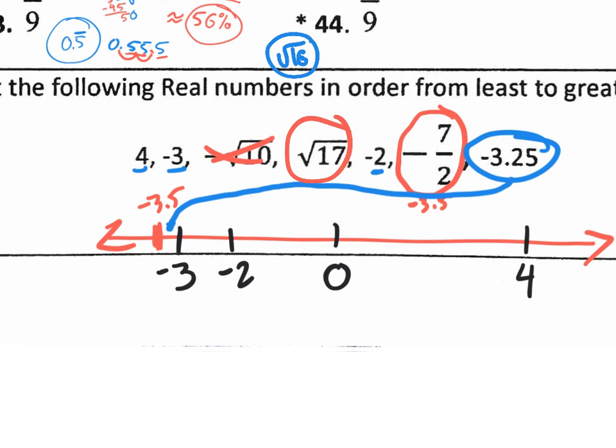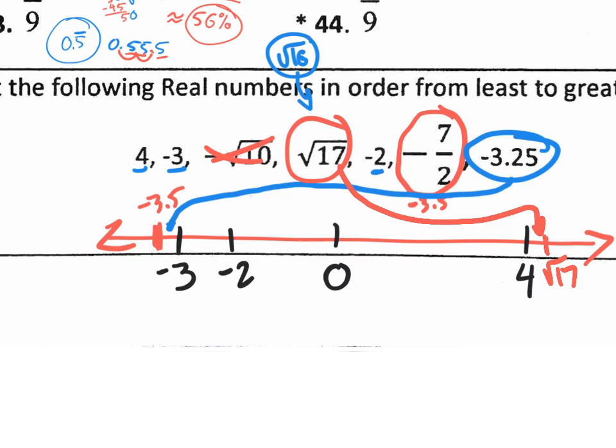Is the square root of 17 less than the square root of 16 or a little bit greater than the square root of 16? Greater. So this is really about 4.1, a little bit greater than the answer to the square root of 16. So the square root of 17 would be over here, a little bit more than 4. Square root of 17 right there.